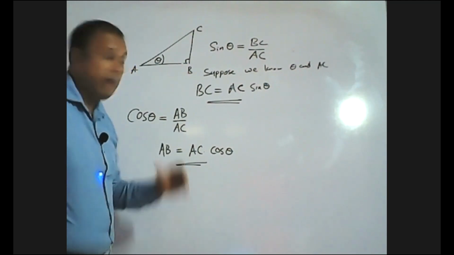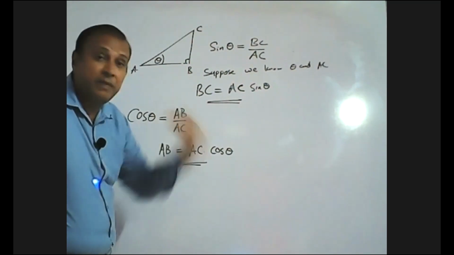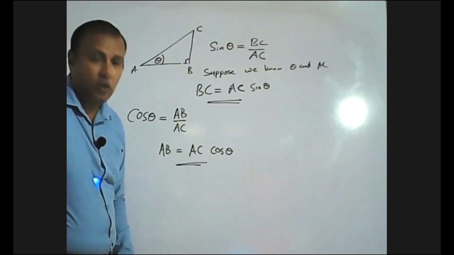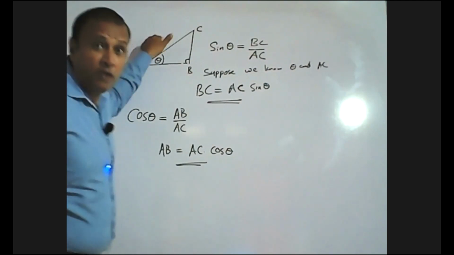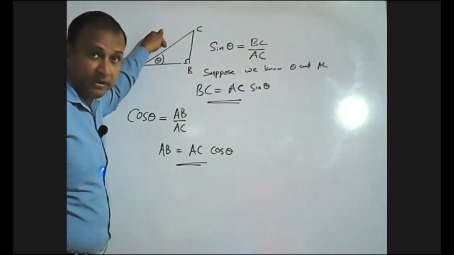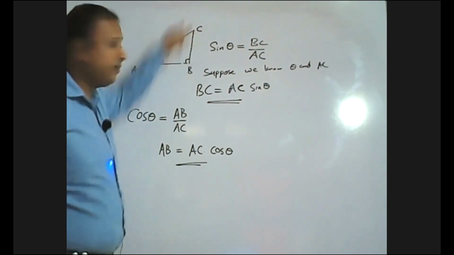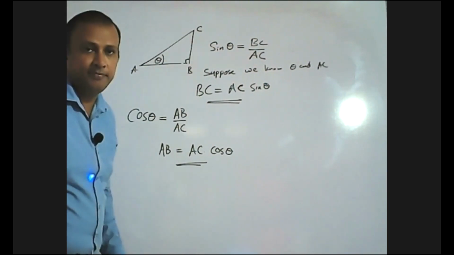So when we are calculating the magnitude of vectors or some lengths, we have to have this knowledge. So if you have the hypotenuse and an angle of a right angle triangle, then you can easily find the other two sides.